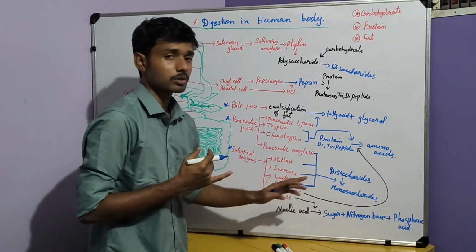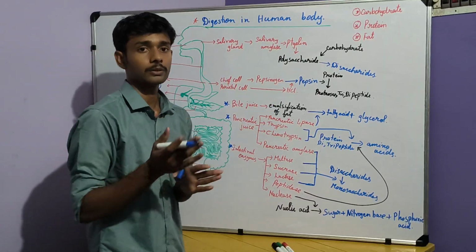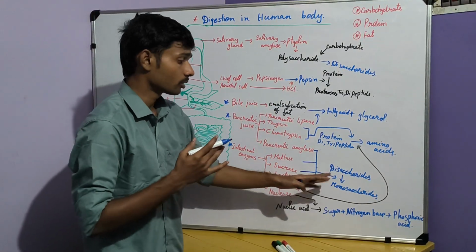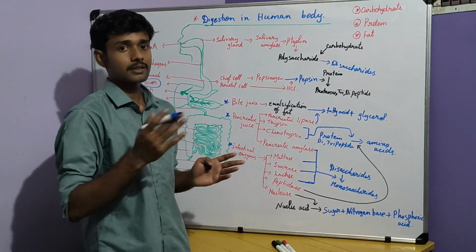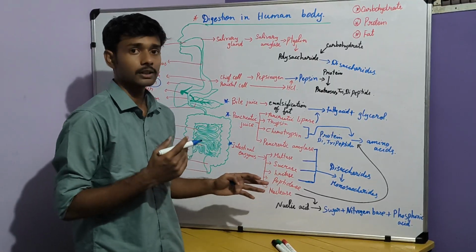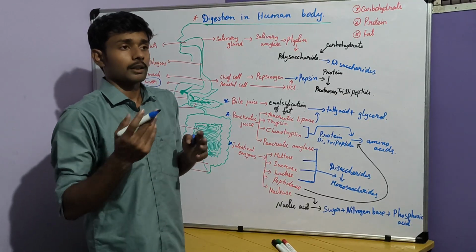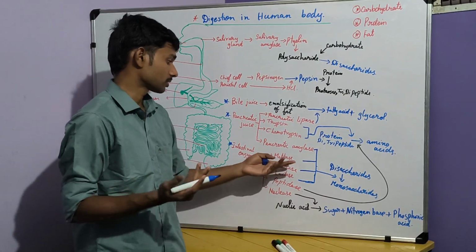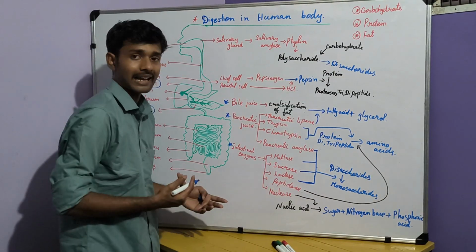Disaccharides are converted into monosaccharides. Maltase breaks down maltose into glucose. Sucrase converts sucrose into glucose plus fructose. Lactase converts lactose into glucose plus galactose. This is the role of maltase, sucrase, and lactase.